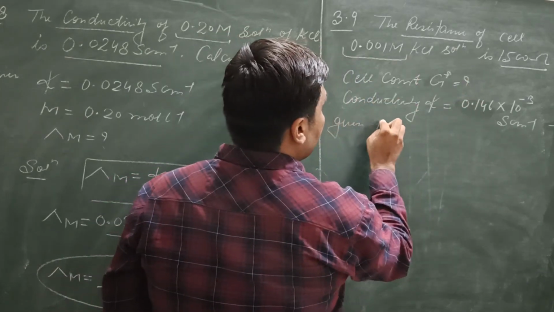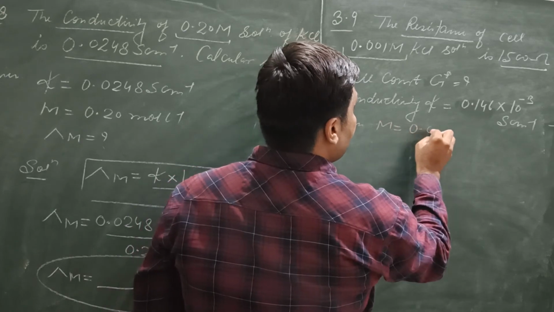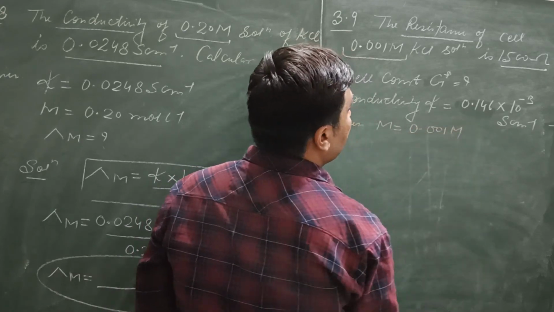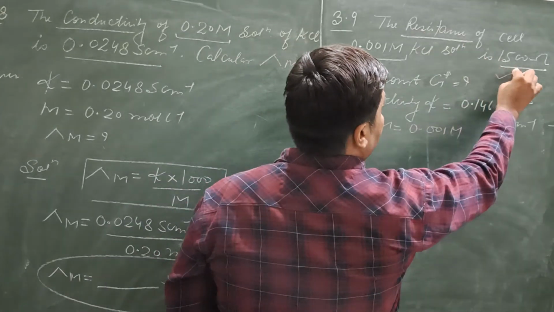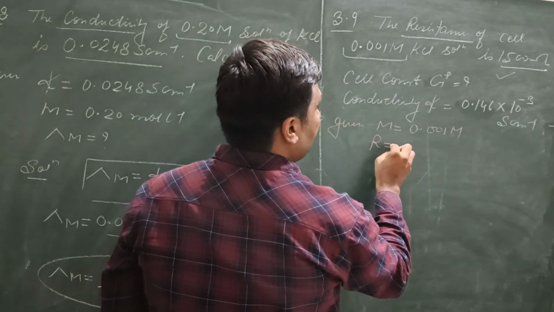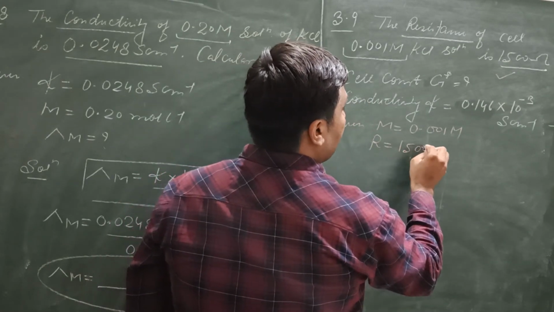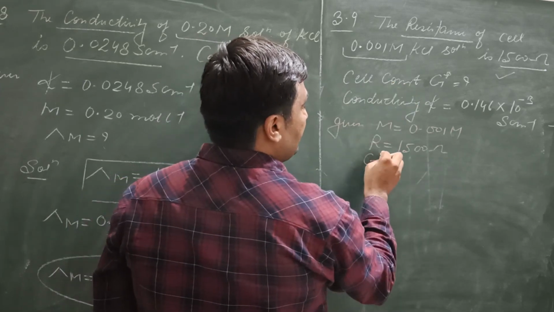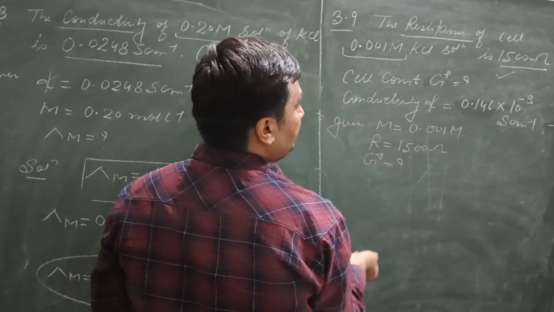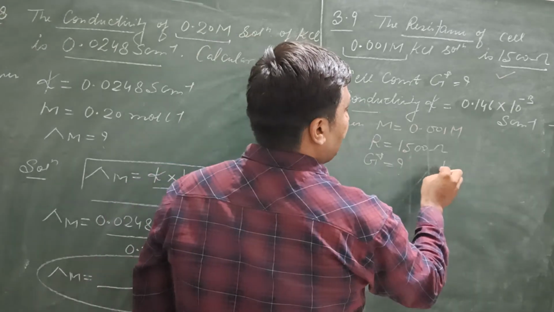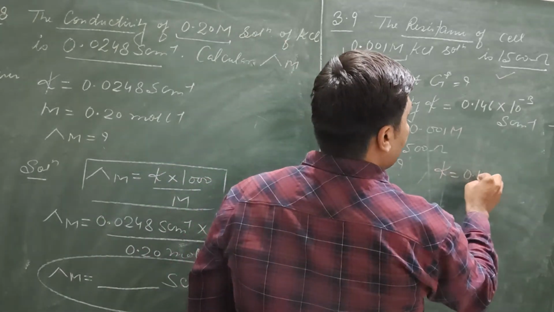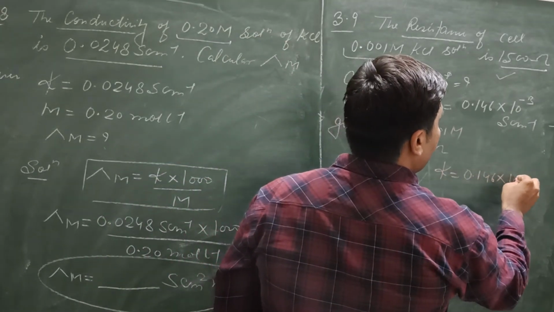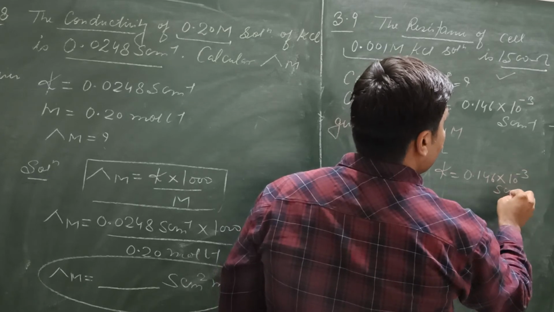Molarity is given, 0.001 molar solution. Resistance is given, 1500 ohm. Cell constant G star we are to find out. Conductivity kappa is given, 0.146 into 10 raised to the power minus 3 Siemens centimeter inverse.